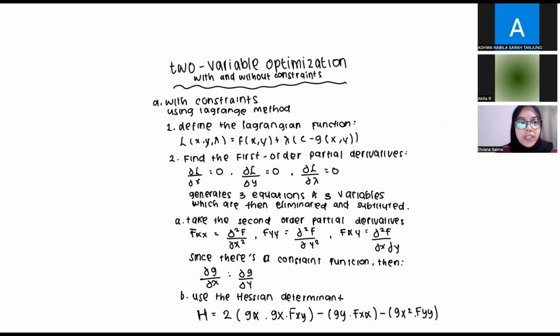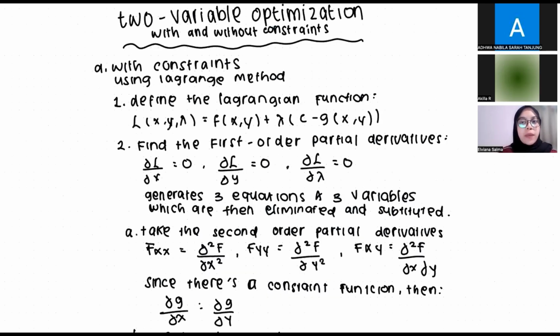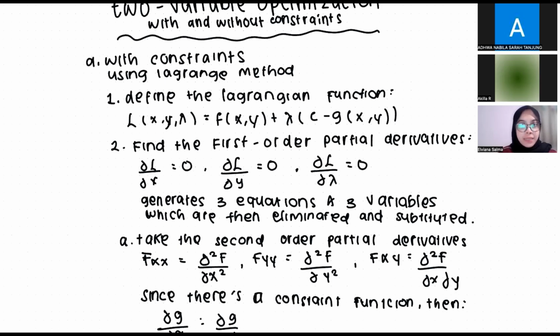First, we define the Lagrangian function, written as L of x, y, lambda equals f of x, y plus lambda times open bracket c minus g of x, y close bracket.